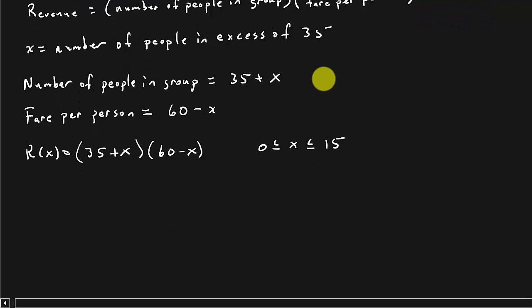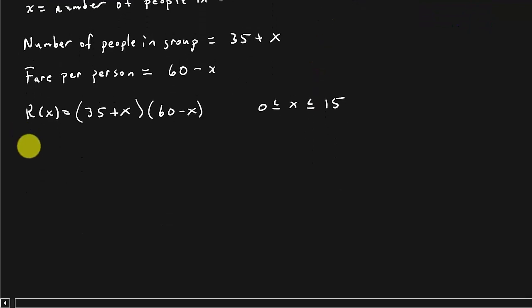All right, so now we need the derivative. So the derivative of R, product rule, derivative of the first times the second, plus the derivative of the second times the first, that's 35 plus x.